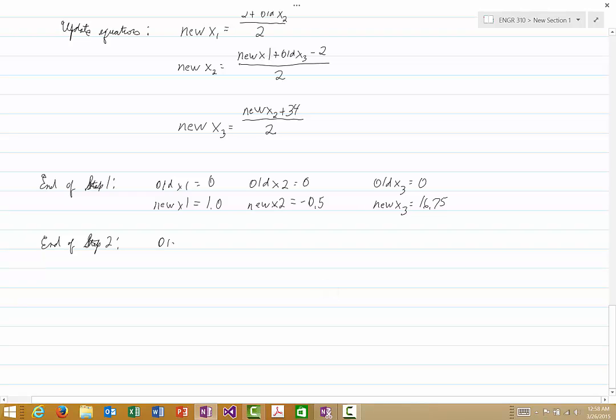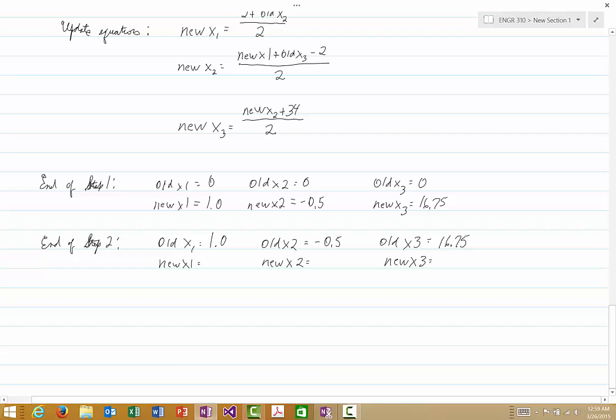So again, old x1, old x2, old x3, new x1, new x2, new x3. And as I just said, in the old ones, we will store the new ones from the previous step. So we have 1.0, minus 0.5, and 16.75.